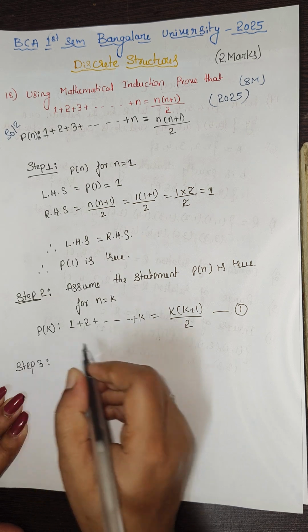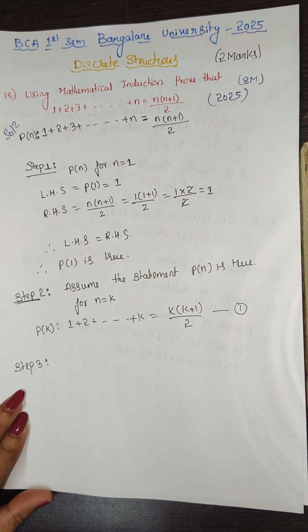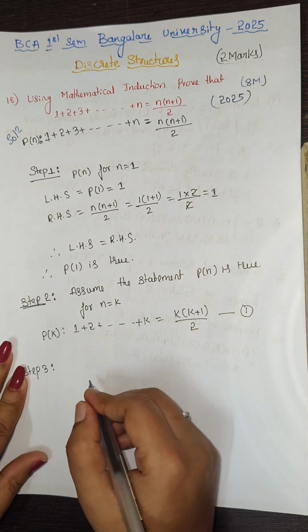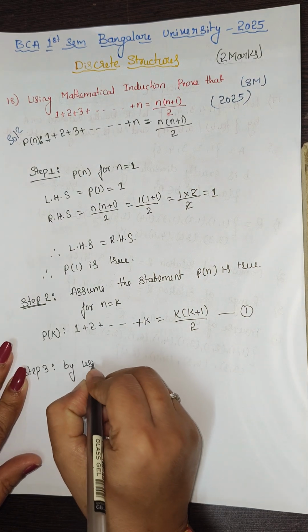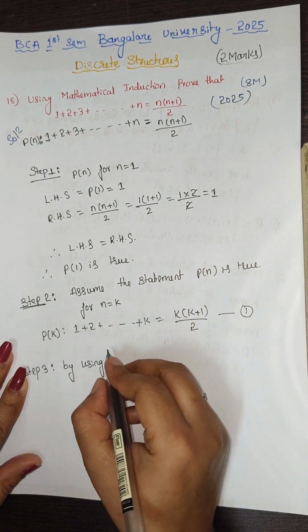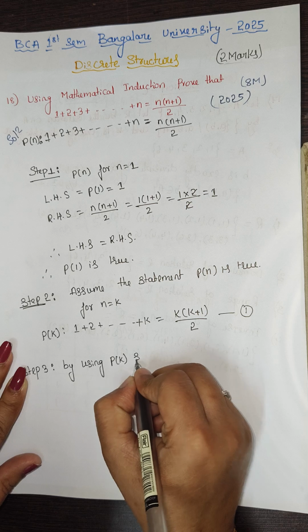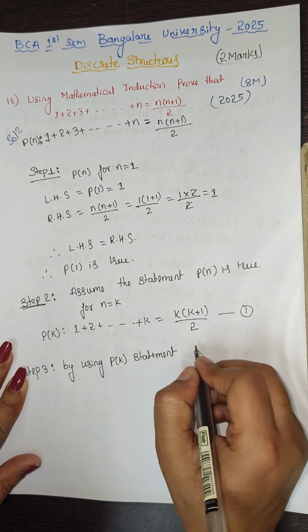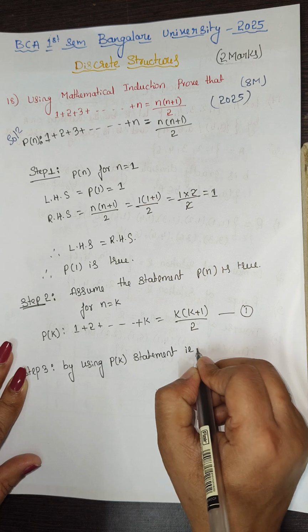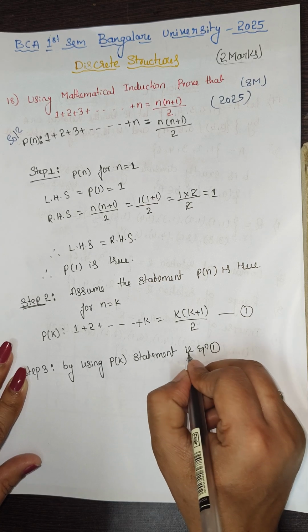We need to prove for n equals to k plus 1. Step 3, by using equation 1, otherwise you can say by using the P of k statement.